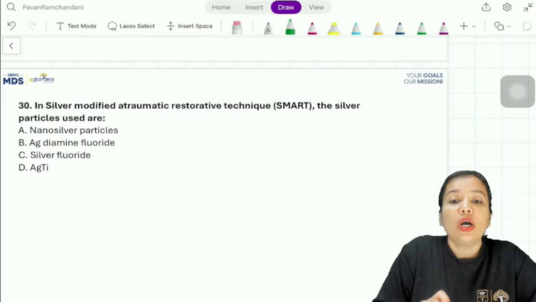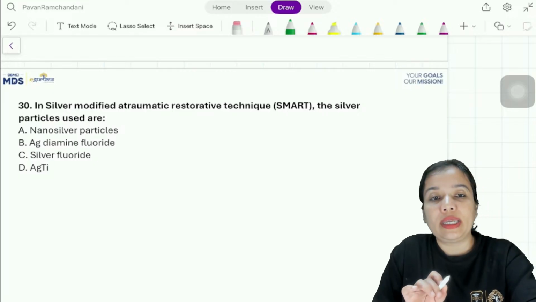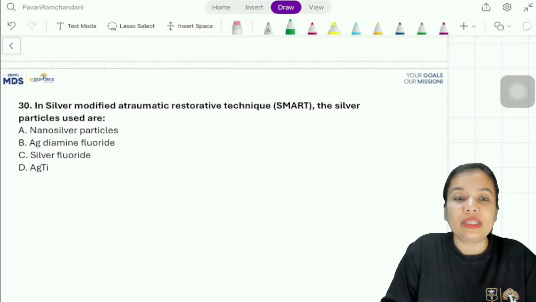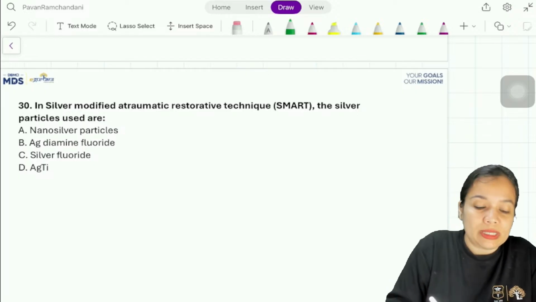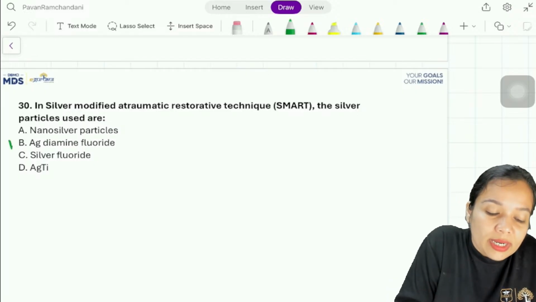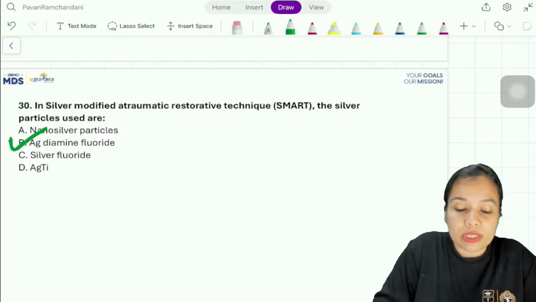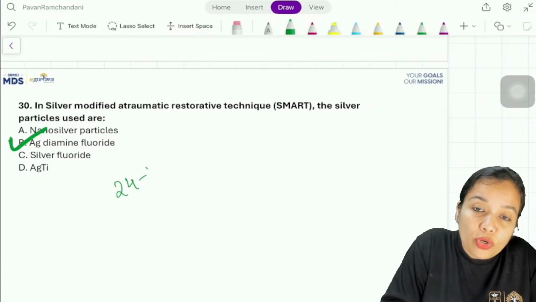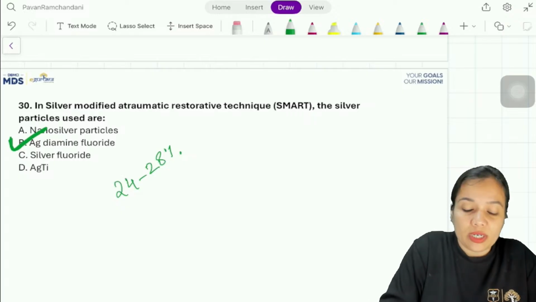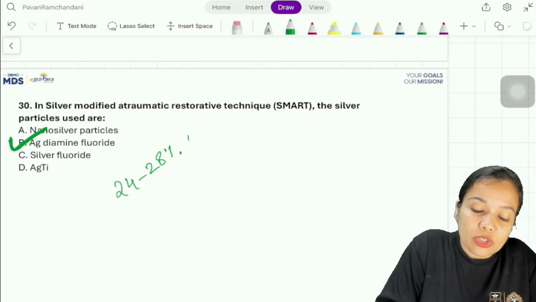In case of the SMART treatment, the silver particles that are used are basically the silver diamine fluoride, that is B. Silver diamine fluoride contains approximately 24 to 28 percent of silver. So this much percentage of silver is present.